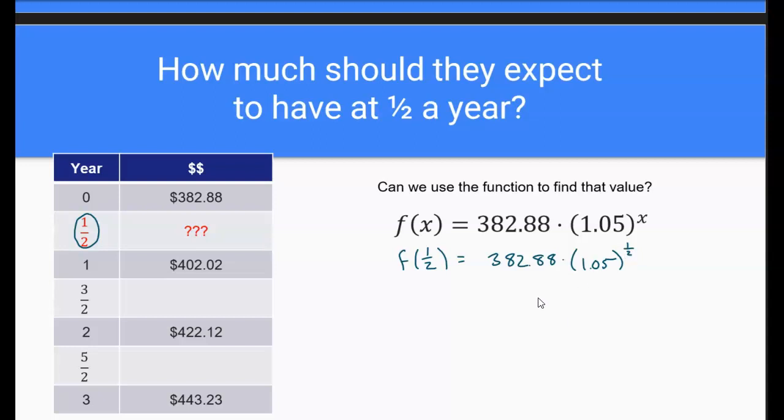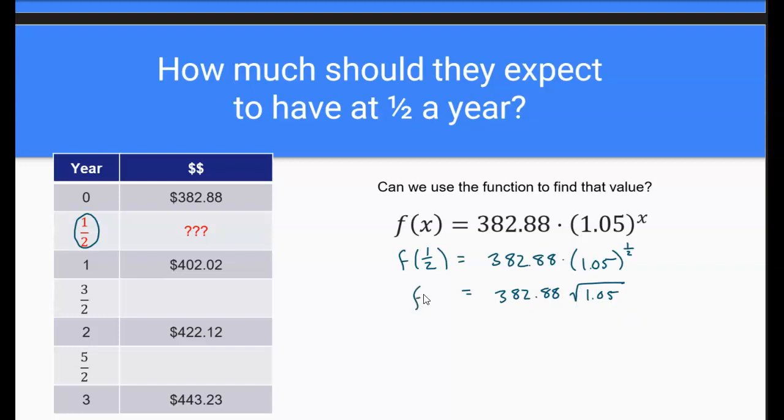Another way of writing this, you may recall from our exponent rules, is that anything to the 1/2 is going to be the square root of 1.05. We take the denominator and we make it the base of the root. So this will be a 2 root, also known as a square root of 1.05.